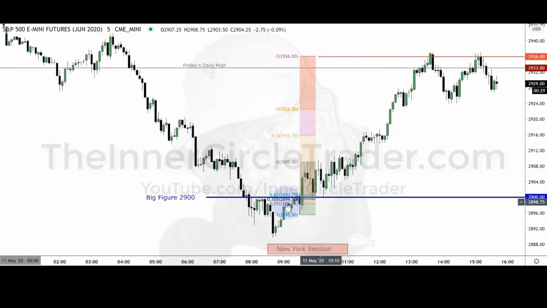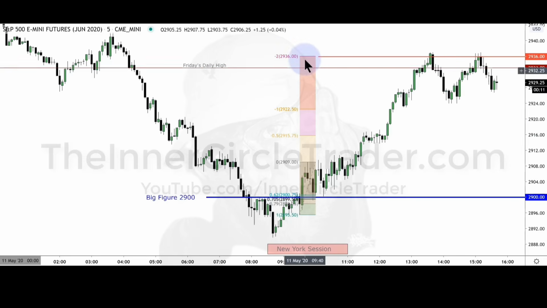So being a buyer at around 2900 big figure and getting out with 15 handles in the S&P as a first scalp or scaling, then your secondary exit for a partial could be at 29.22, which is 22 handles in the S&P.